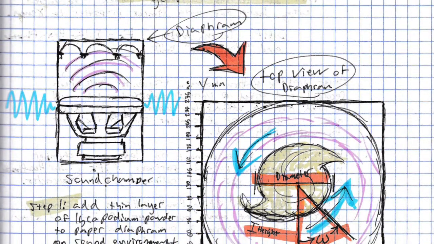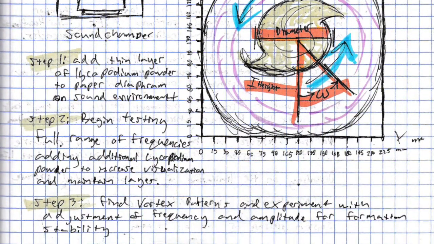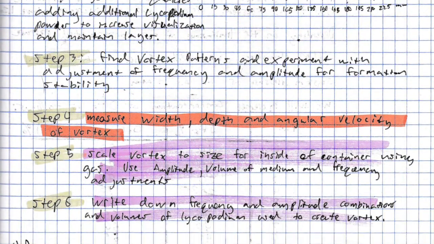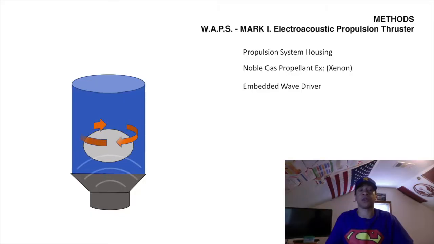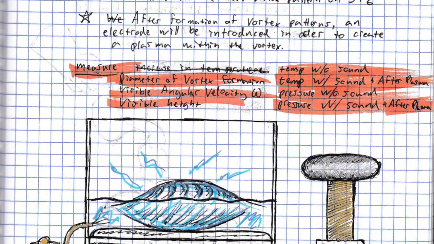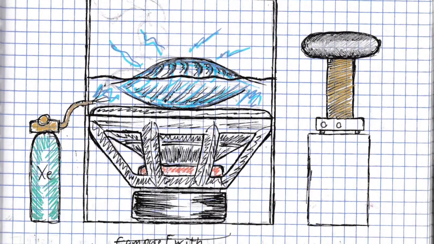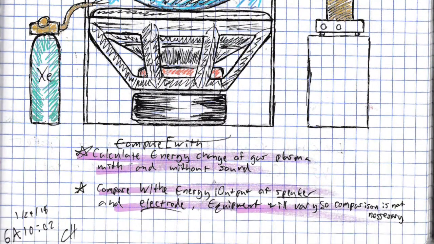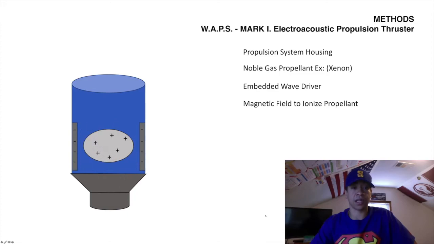We're going to look at different formations in SF6 and Lycopodium, and find which frequencies generate the best rotational formations. We're going to fine-tune those for xenon, and then eventually use those on xenon with an ionization, electrical energy to charge it.